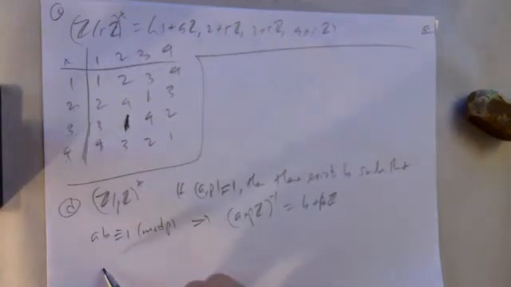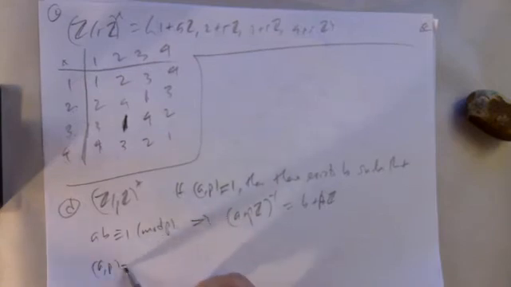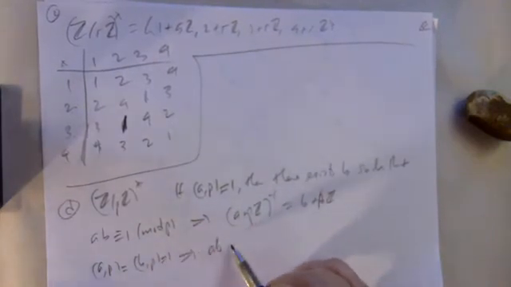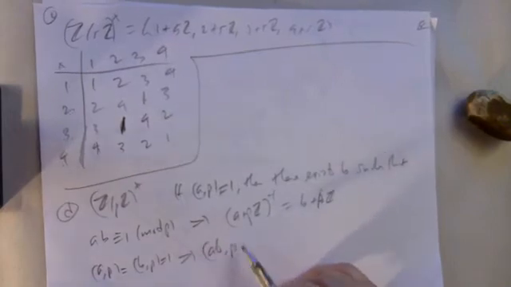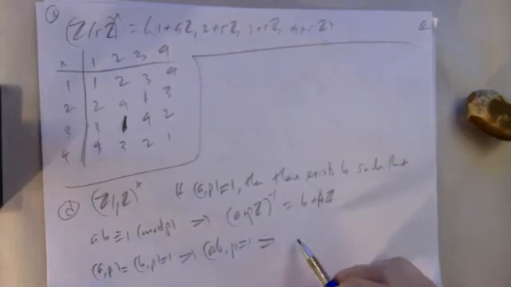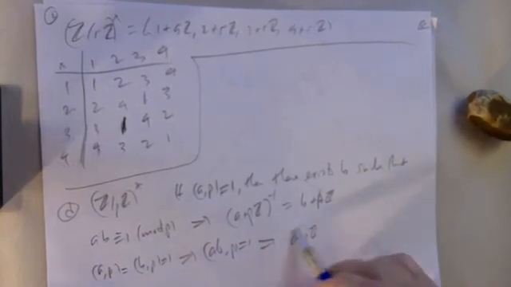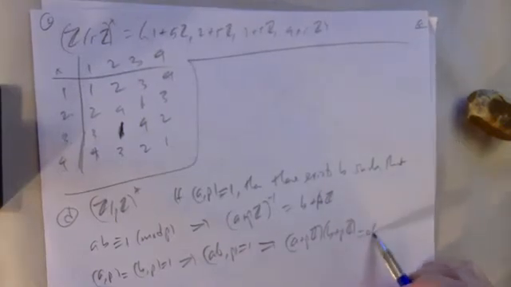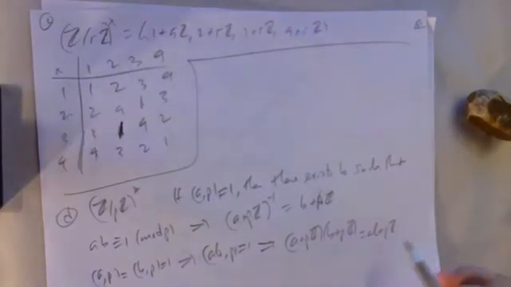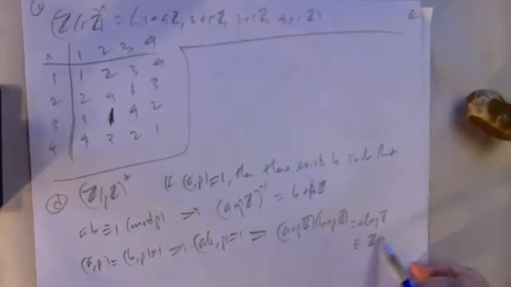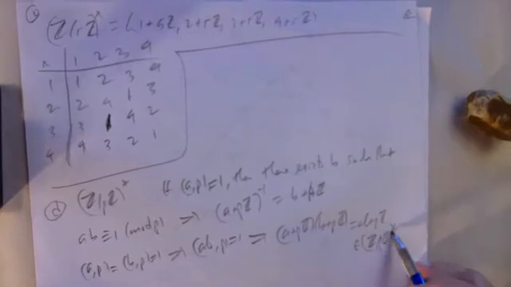And of course, if A is prime to P and B is prime to P, then AB is prime to P, which means A plus PZ times B plus PZ, which is AB plus PZ, is a congruence class relatively prime to P. This is in Z mod PZ star.